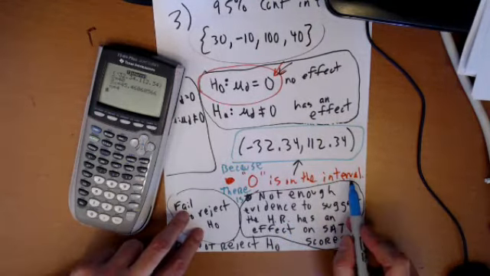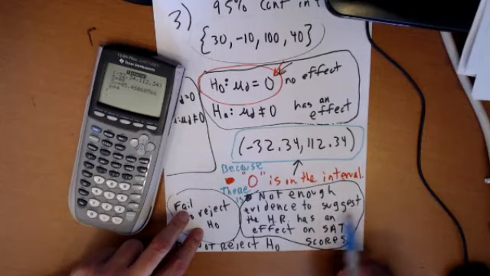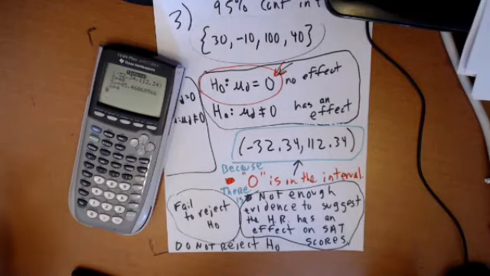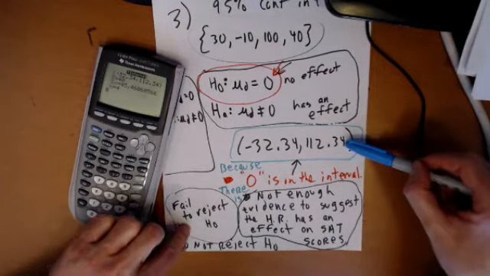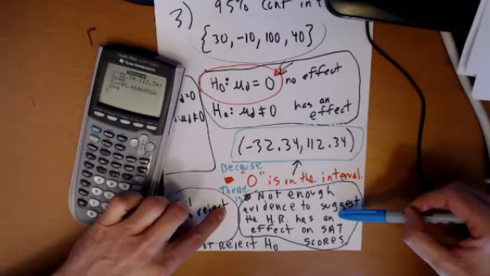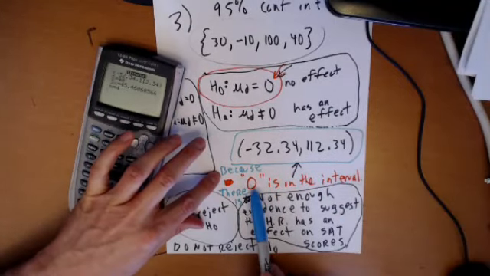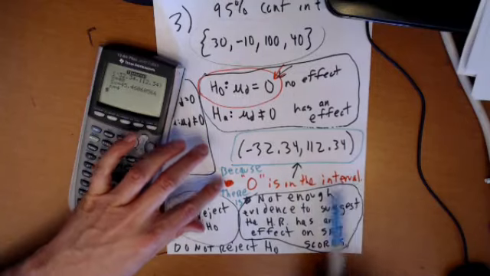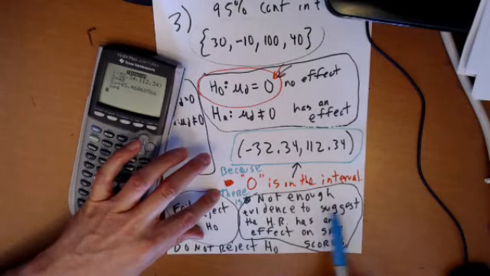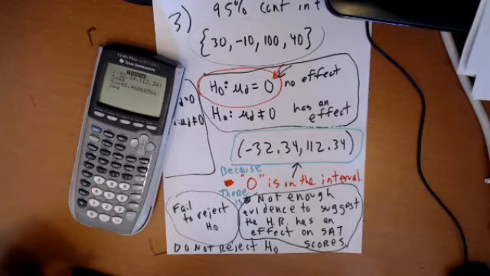Because 0 is in the interval, there is not enough evidence to suggest the Harvard review has an effect on SAT scores. Ta-da! So here's my confidence interval. And then to answer that next question, I would say because 0 is in the interval, there is not enough evidence to suggest the Harvard review has an effect on SAT scores. Okay. Hope that made sense, folks.